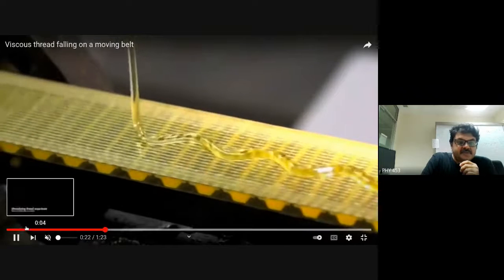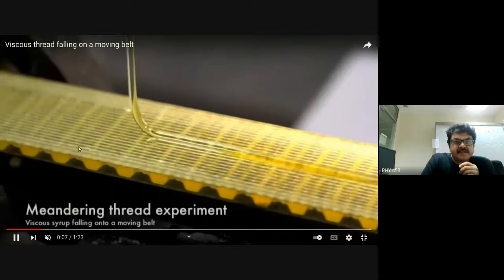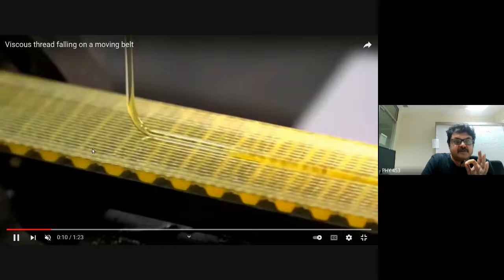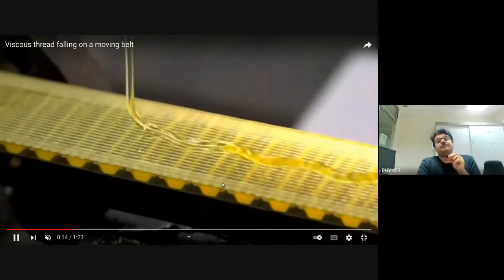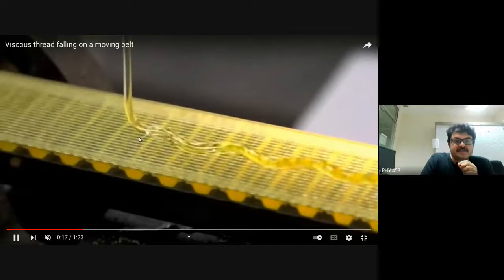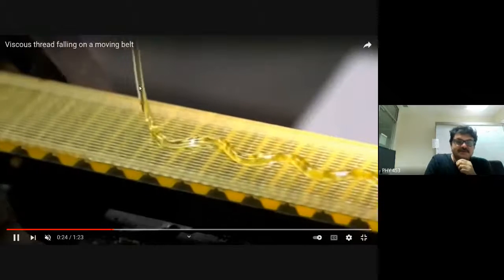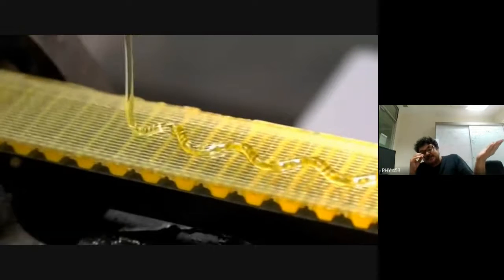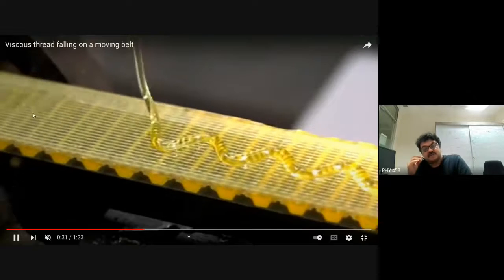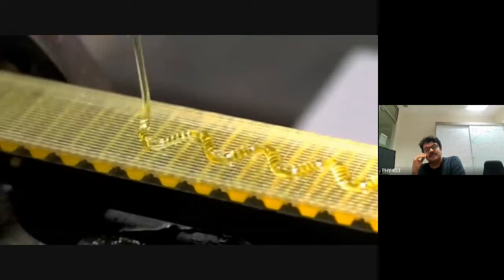Initially it was moving in a straight line. All that this person is doing is not changing the rate of flow, but changing the speed of the plate, as a consequence of which you start getting these meandering flows. So it starts to meander the way you see, and he keeps on decreasing the velocity of this yellow plate, and you can see the consequences yourself.